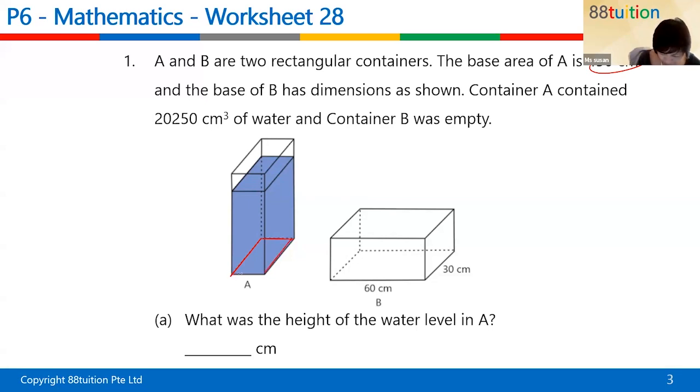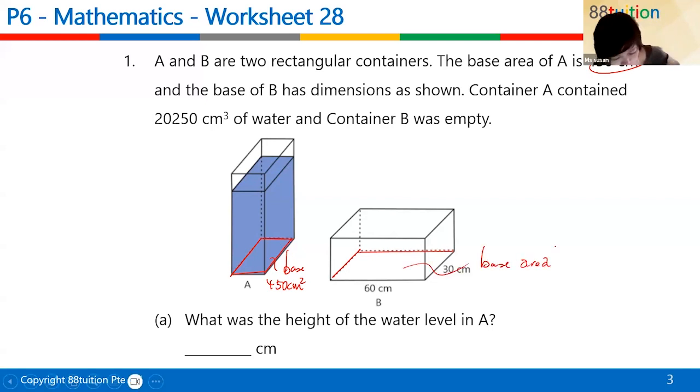And for base area, you have it here. How much water is inside? It is 20,250 cm3. Well, this is empty.